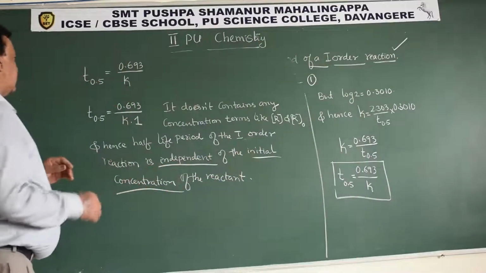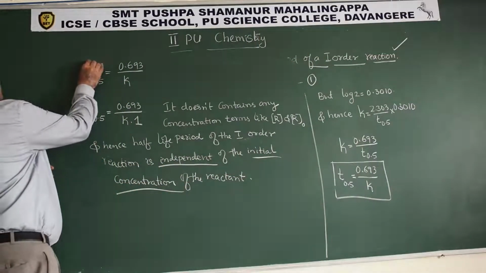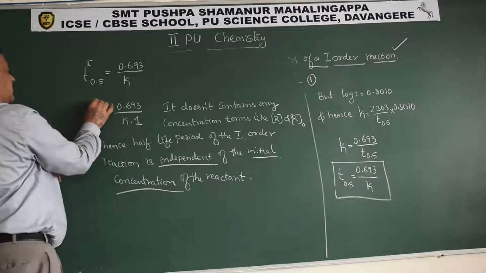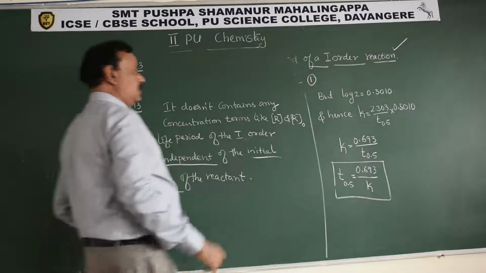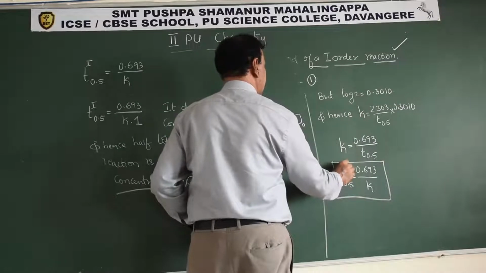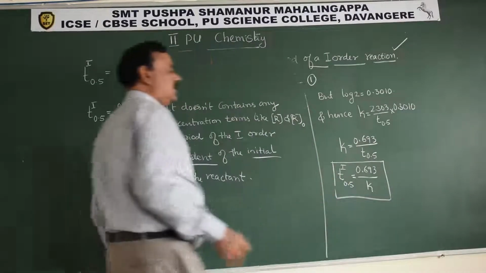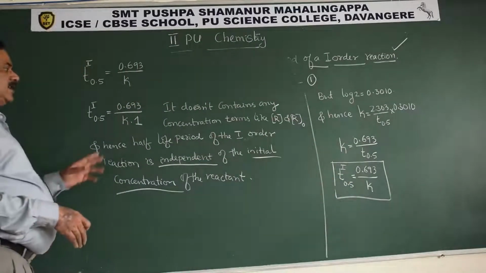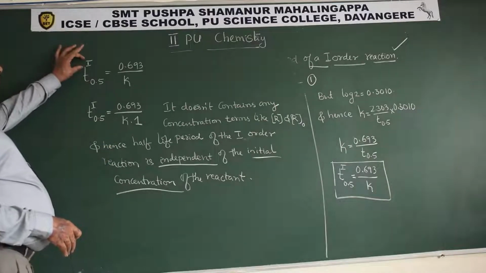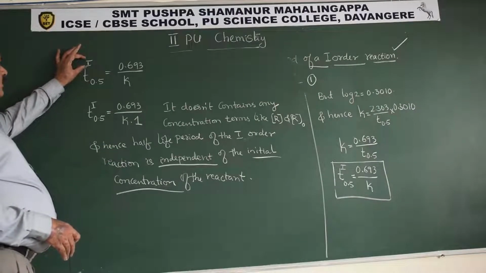Or you can write it as T half of the first order. Since so many reactions are there, like the second order reaction, there would be confusion. That is why, for our safer side, I mentioned it is the first order.